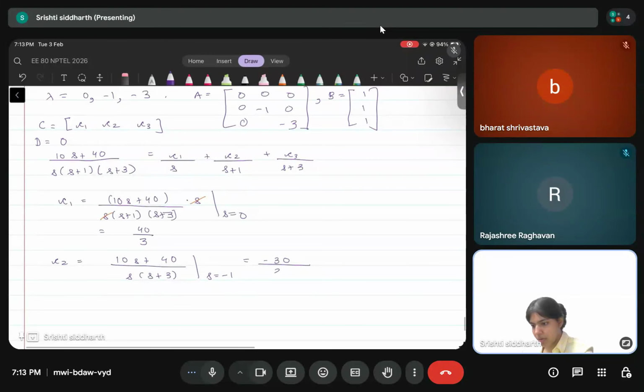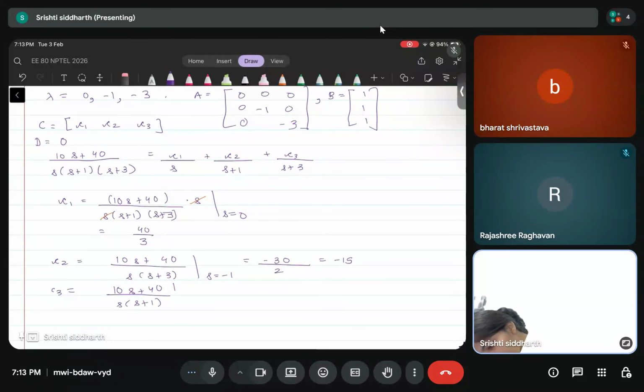This is -2. Alright, similarly, you can compute C3 as 10s plus 40 over S plus 1 evaluated at S equals -3. So this is 10 times -3 plus 40 over -2. This is 5 over 3.